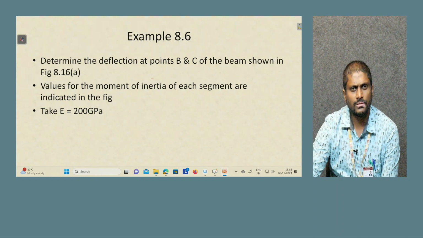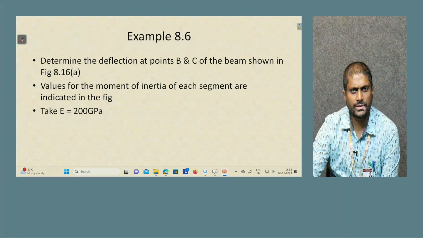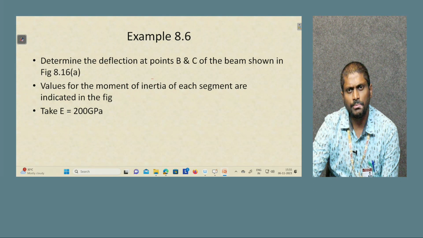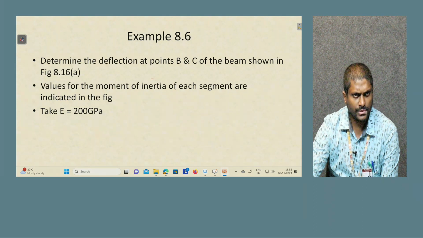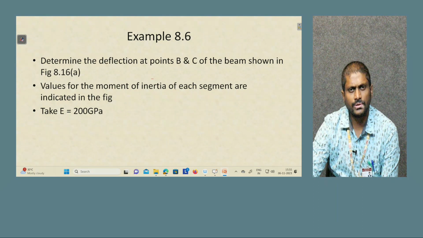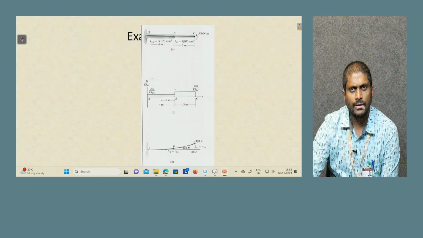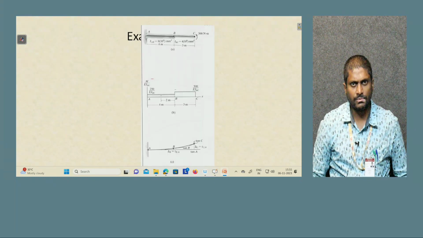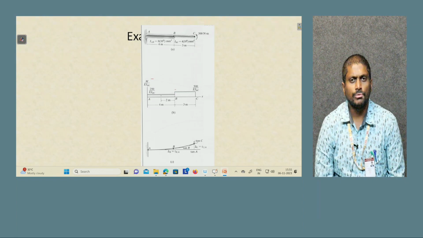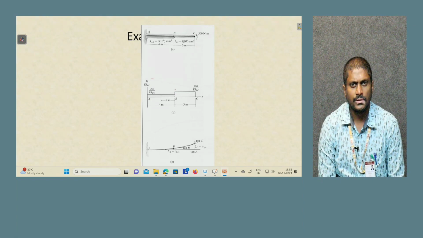Then one more example is given here: determine the deflection at points B and C of the beam shown in figure. Values for the moment of inertia of each segment are indicated in the figure, and take E equals 200 GPa. In this numerical you can easily observe that the beam does not have a uniform cross section throughout.